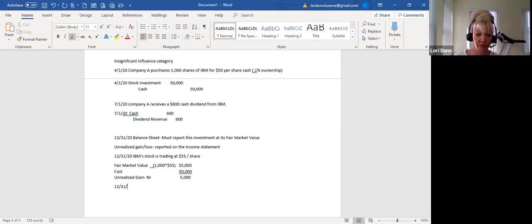So on December 31st, the company will debit a fair value adjustment account, and you could put stock if you want to indicate where this account matches up, $5,000, because whatever the dollar amount balance is in that account will either be added if it's a debit, or subtracted if it's a credit, from our stock investment account.